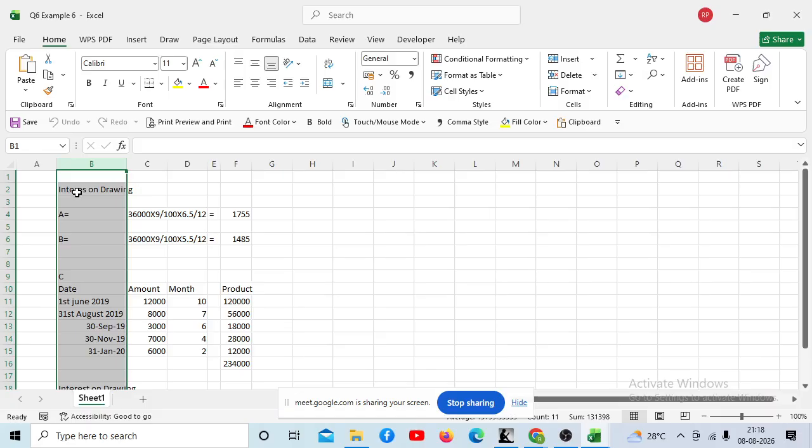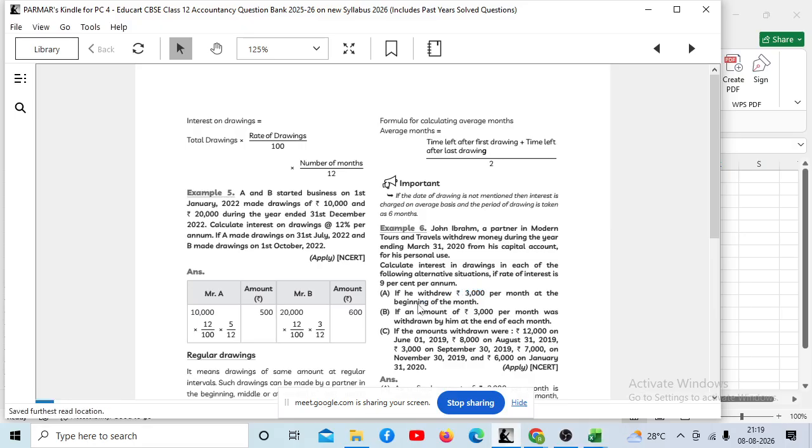Okay, so first write the heading as interest on drawing, and first we will take case number A. The first case is drawing at the beginning of every month. Just write case A. I will just explain you how to calculate. Now see, here he is withdrawing 3,000 per month.